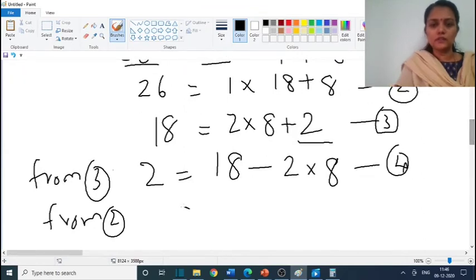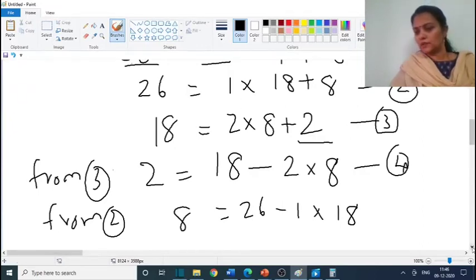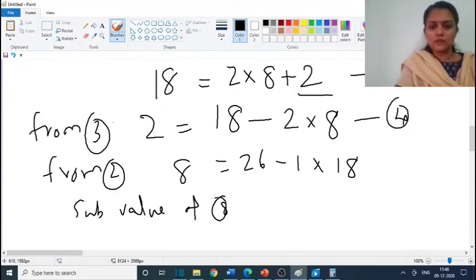From equation 2, let's write this as 4: 8 is equal to 26 minus 1 into 18. So we substitute the value of 8 in equation 4.